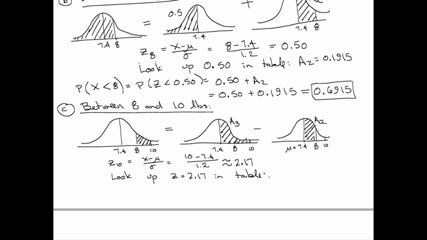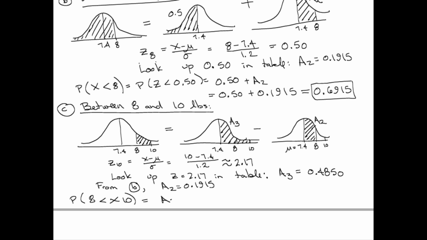And so then we find that area 3 has to be 0.4850. Now from part B, area 2 was 0.1915, and therefore the area that we want, that'll be the probability that x is in between 8 and 10.